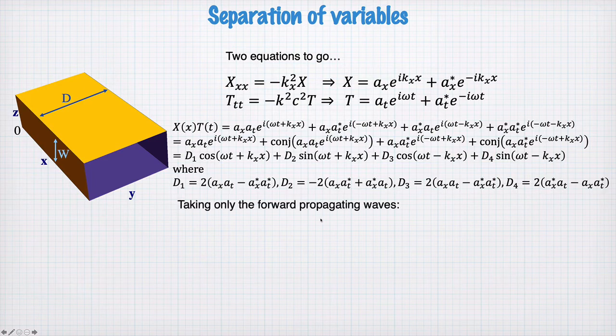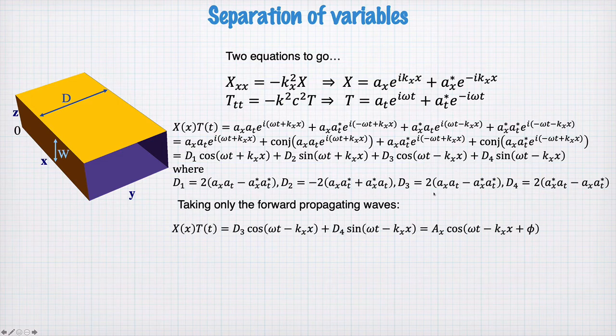And taking only the forward propagating waves, that is the waves that are propagating in the positive x direction, that's the ones with the negative sign here, then this function x times t is this function here, which looks like a cosine wave, omega t minus kx times x, with some phase. So the phase in the x direction is somewhat arbitrary. And this is a propagating wave in the x direction.